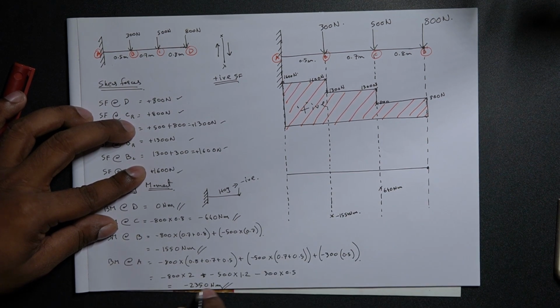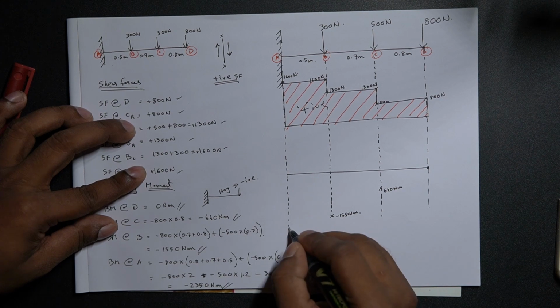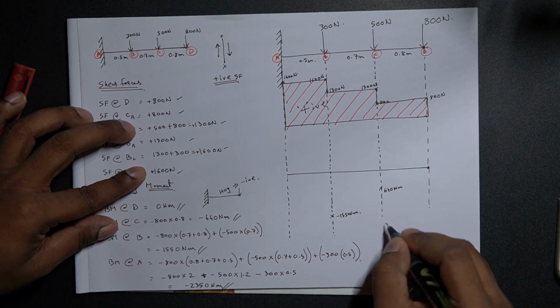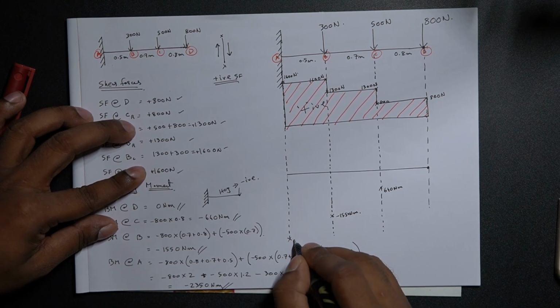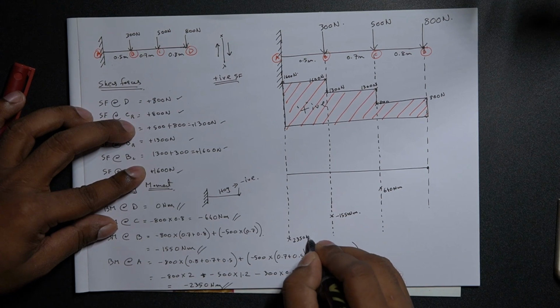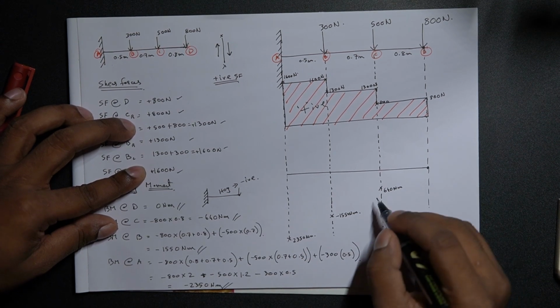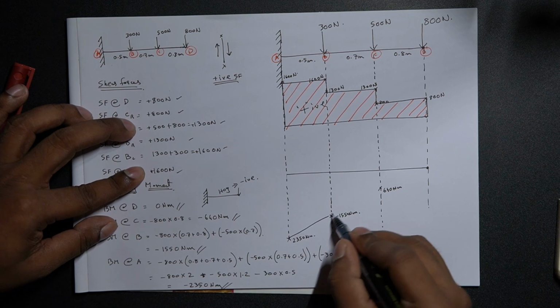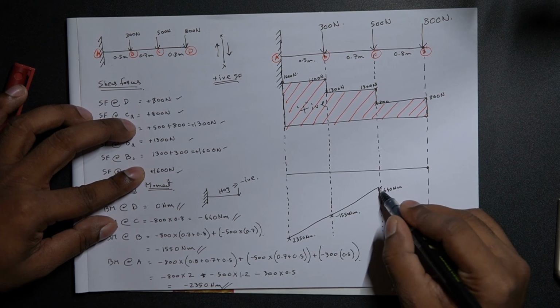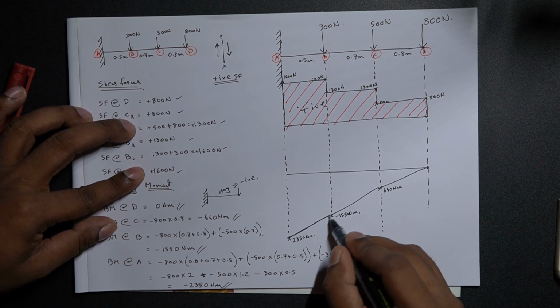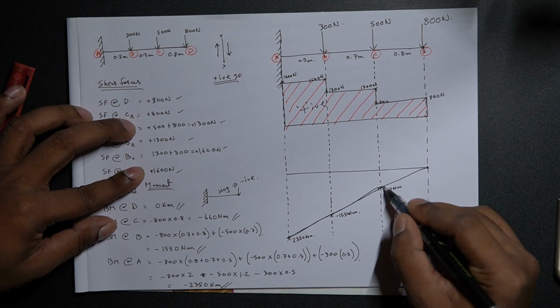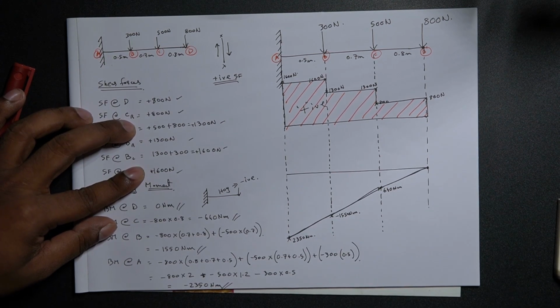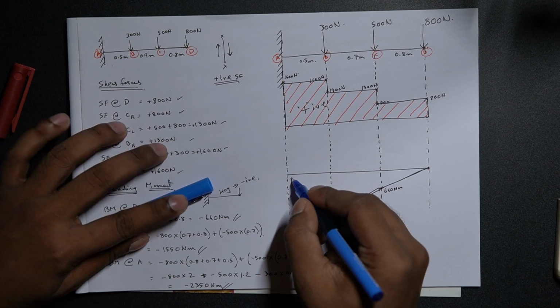And bending moment at A is 2350. I'll just extend a bit. I'll just consider this as 2350 Newton meter. So I'll be joining these lines. And let me just hatch this.